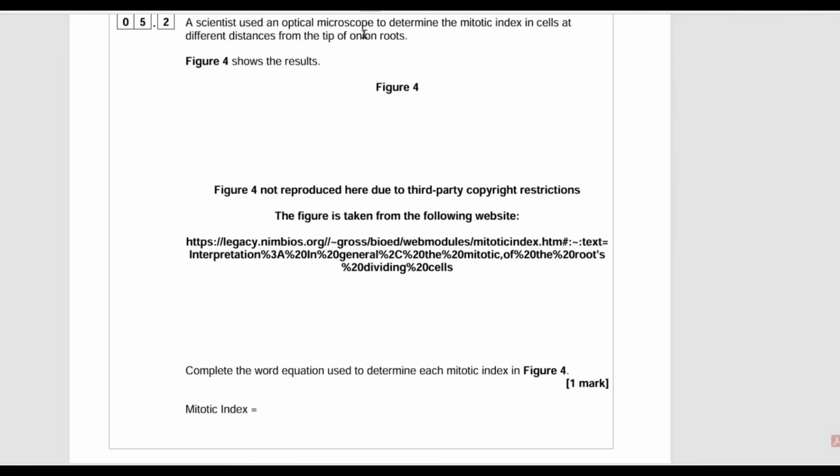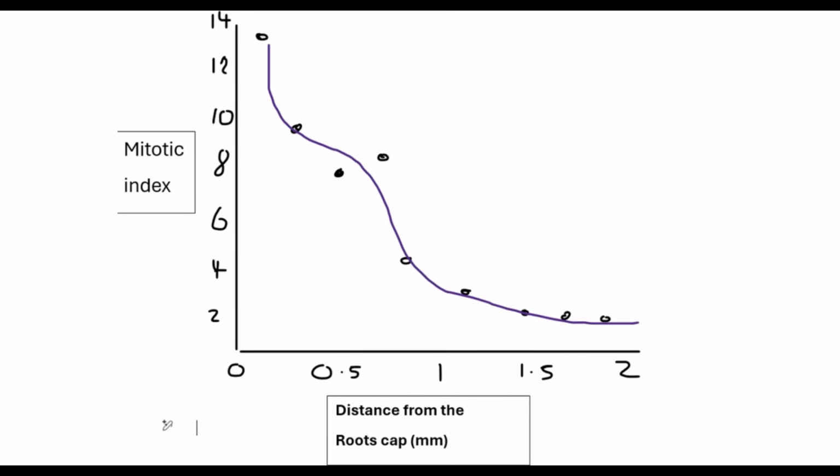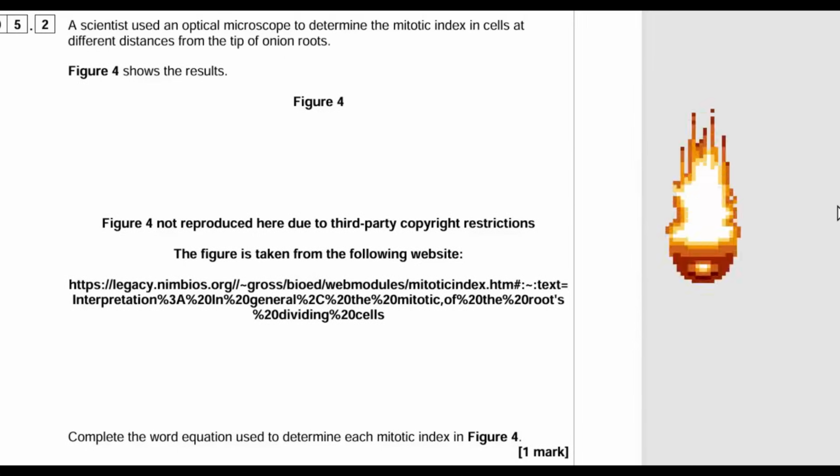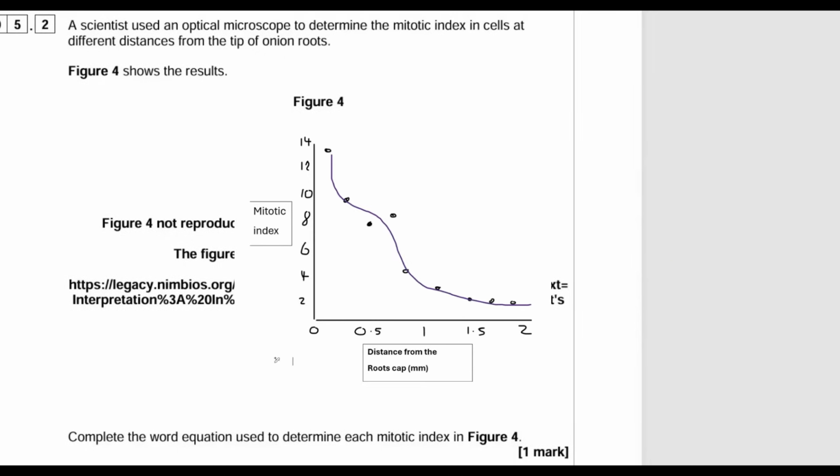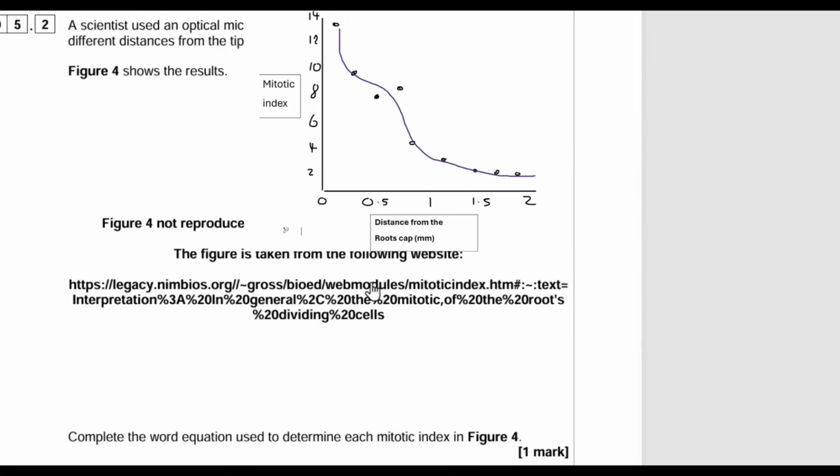5.2, a scientist used an optical microscope to determine the mitotic index in cells at different distances from the tip of onion roots. Figure 4 shows the results. Now, I can't show you figure 4 because of third-party copyright, but I have made my own one. So here is my impression of the image.